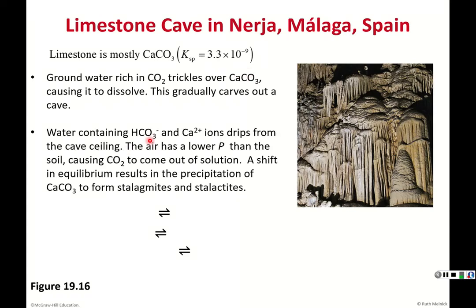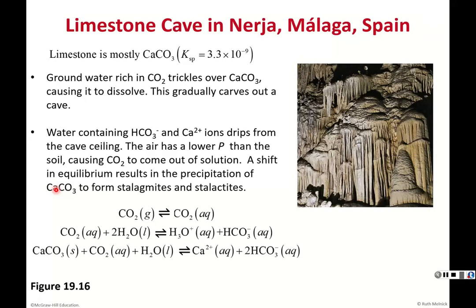Then water containing that anion drips from the ceiling, where the air has a lower partial pressure of CO2 than the soil. That causes carbon dioxide to come out of solution, which shifts the equilibrium back to calcium carbonate, and it solidifies again. That's what forms stalagmites and stalactites.